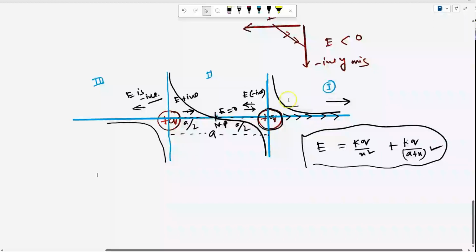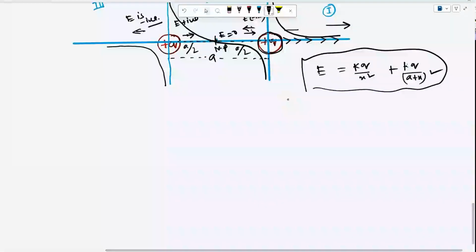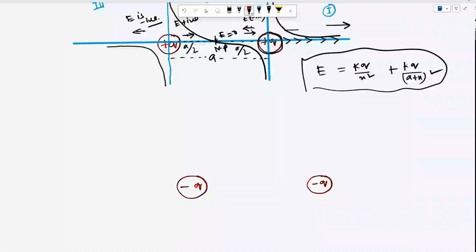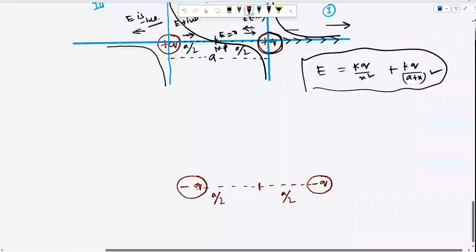Now what will happen if two negative charges are there? Let me discuss two negative charges kept side by side. Minus Q, and imagine the distance between these two charges, as given before, is equal to A. So this portion is A by 2, this is A by 2. Both the charges are negative.